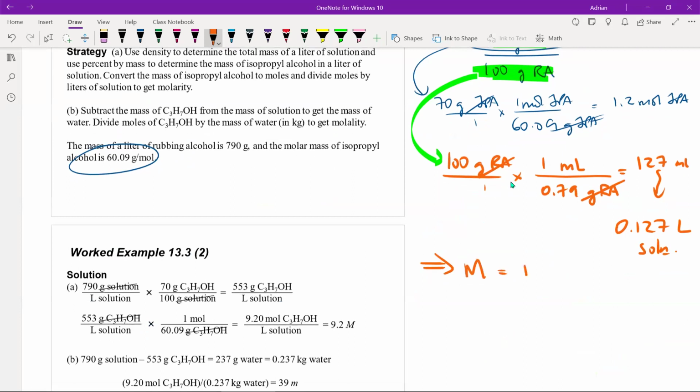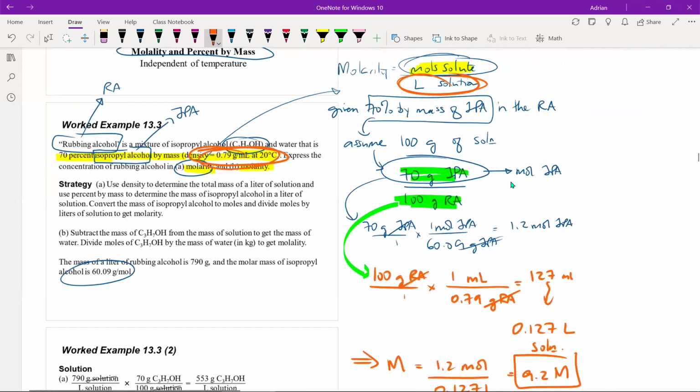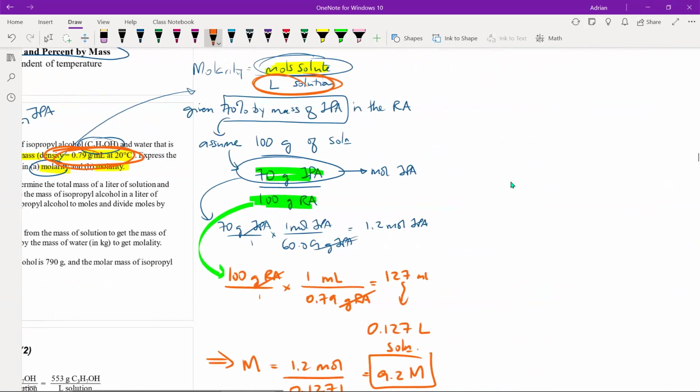So we have 1.2 moles divided by the liters, 0.127 liters, and that would give us, let's see here, we would get 9.2 molar isopropyl alcohol.